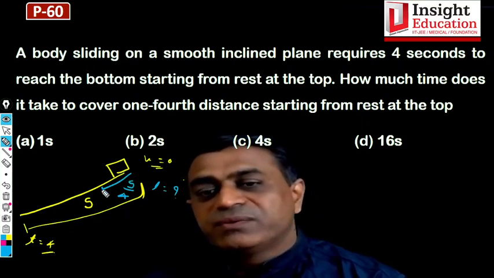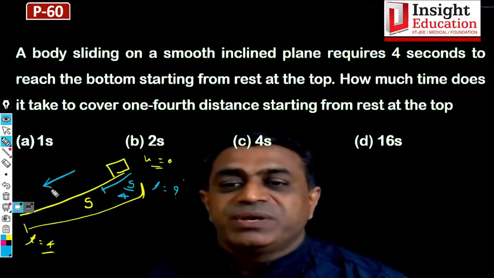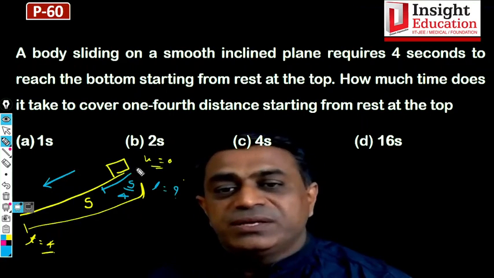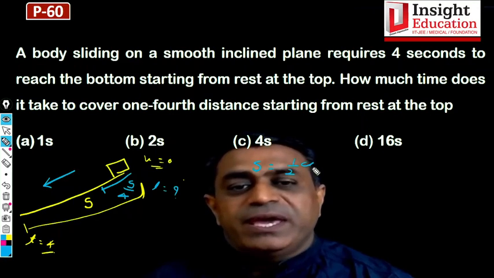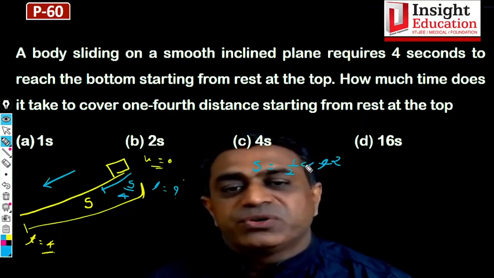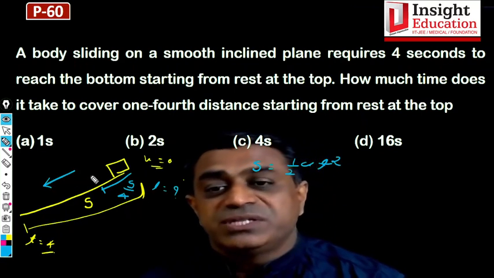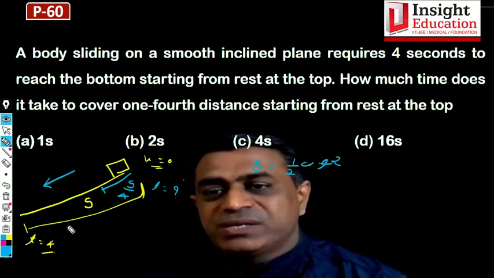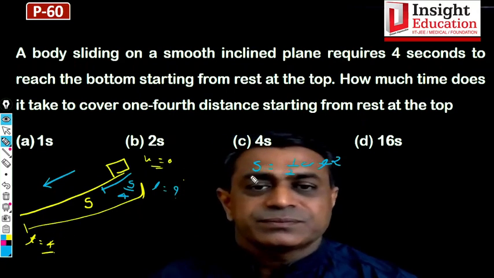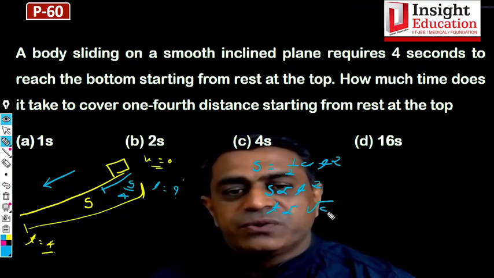Now the motion is along a straight line. The equation between s and t, with initial u equal to 0, is s equal to 1/2 a t square. Here I am not using g, because on an inclined plane the acceleration is different, not g. It may be g sin theta or g cos theta, depending on theta. So s is proportional to t square, so t is proportional to root s.